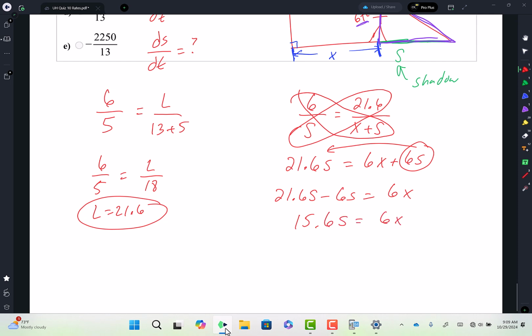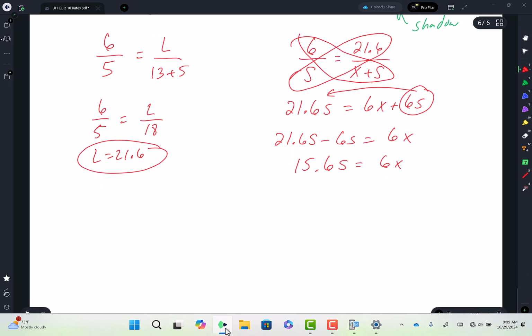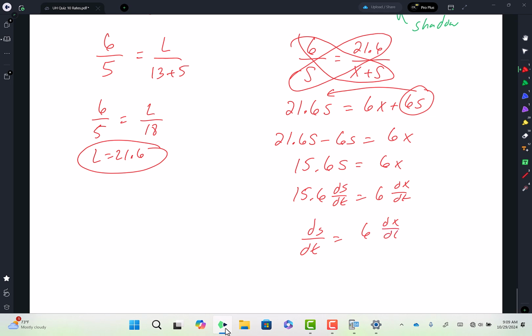That's it. Now we just take a derivative, and we already said we're going to take a derivative with respect to t, not with respect to S. 15.6 ds/dt equals 6 dx/dt. So ds/dt is equal to 6 dx/dt divided by 15.6.